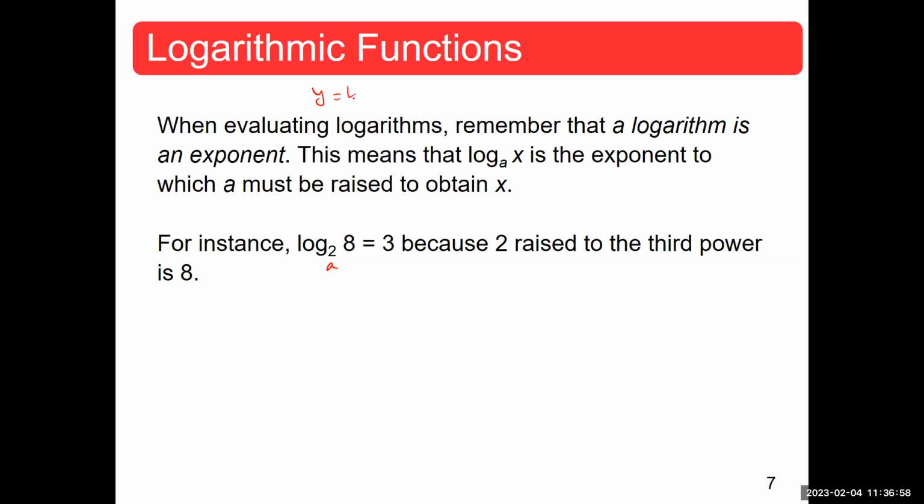Y equal logarithm base A of X. So that means this is A, this is X, and this is Y. If I have to write it in exponential, I have to say X equal A to power Y. So how much is X? It's 8. How much is A? It's 2. How much is Y? It's 3, which is correct. 8 is equal to 2 to power 3.